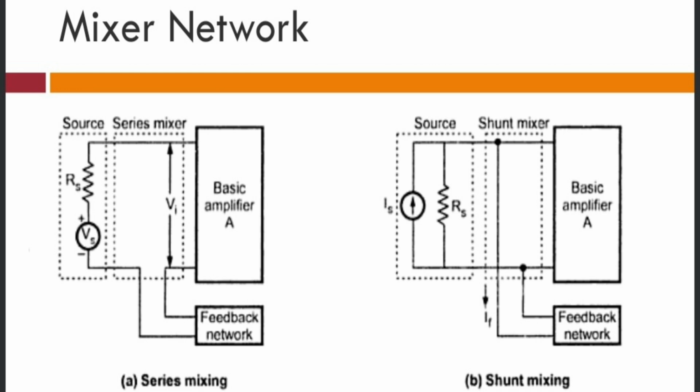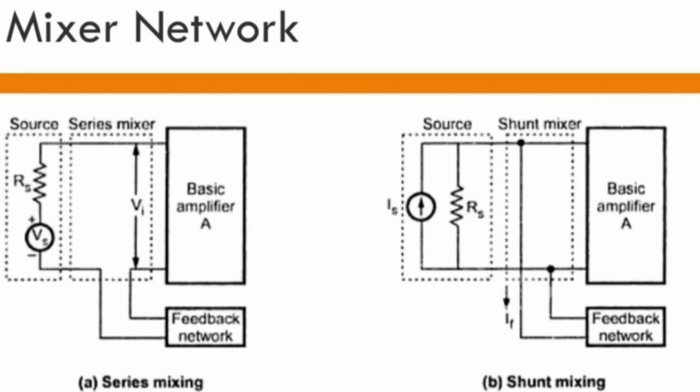Now let us look at the mixing process. This mainly applies to the input side of the amplifier. Whenever there is a feedback network, it generates some feedback signal, that is, beta times the output of the amplifier. And how we mix this feedback signal to the input signal is called mixing.